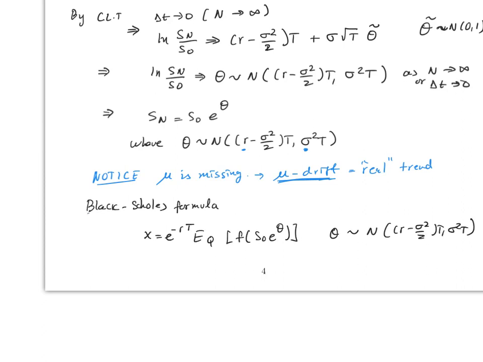So this is the famous Black-Scholes formula, and this is technically the price of European style options.